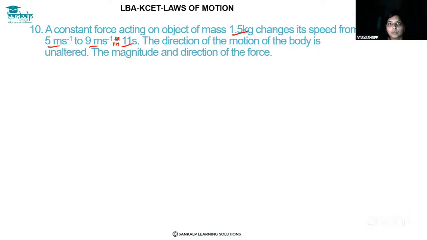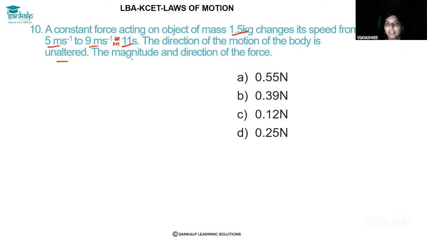The direction of motion of the body is unaltered. The magnitude and direction of force. Options: option A 0.55 Newton, option B 0.39 Newton, option C 0.12 Newton, and option D 0.25 Newton.